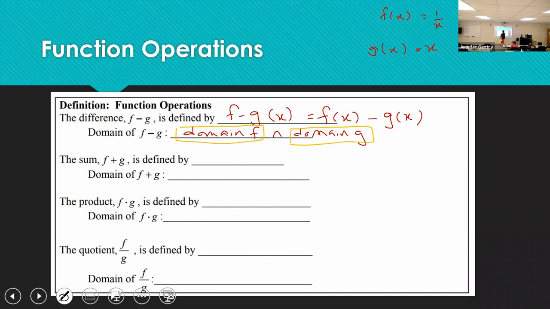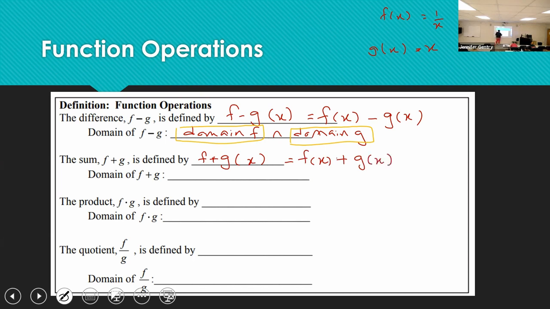The same thing goes if I add them. F plus G of X equals F of X plus G of X. That's all it is. Let's skip down to the product.